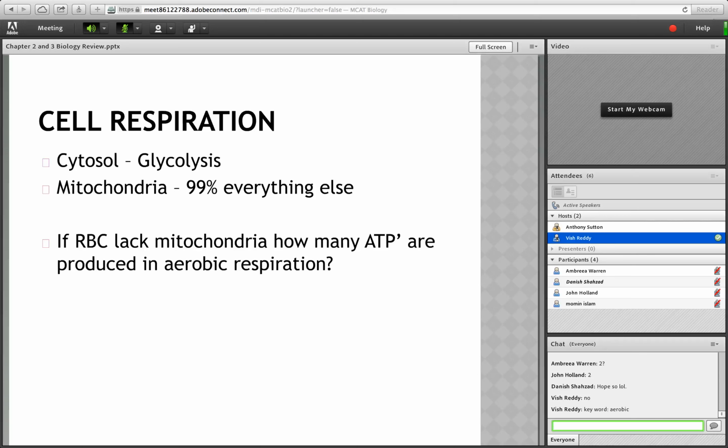Keyword, there you go. Keyword is aerobic. He gave y'all a hint. He did more than I was going to say. Vish, you want to go ahead and tell them the answer?